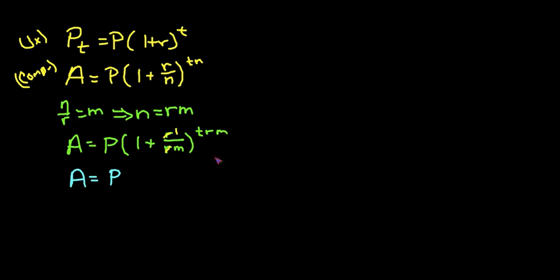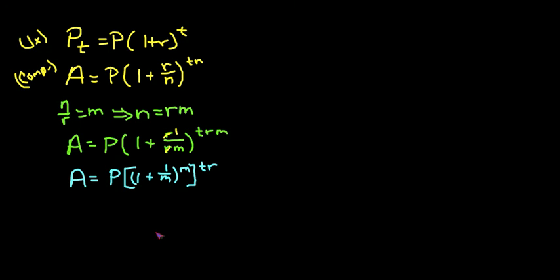Well, I can split this exponent and make it look like this. And I'm going to raise this to the m, and then raise this entire thing to the r t. Again, because an exponent raised to an exponent is just multiplied. So that's where we simplified this.